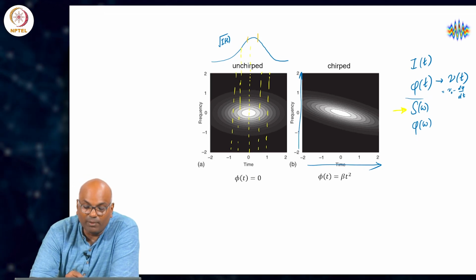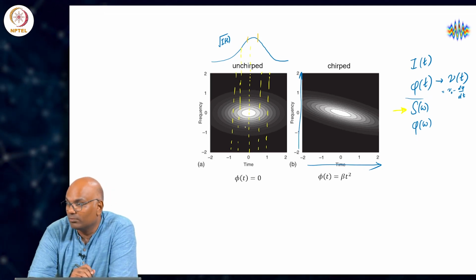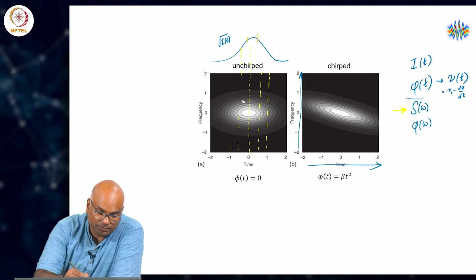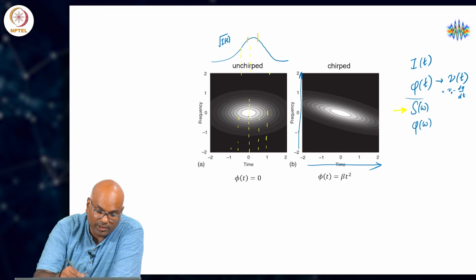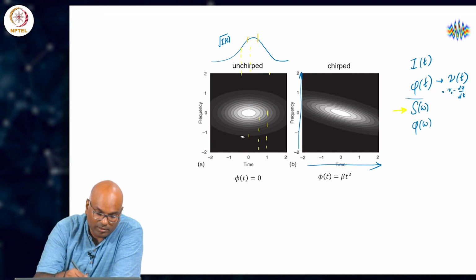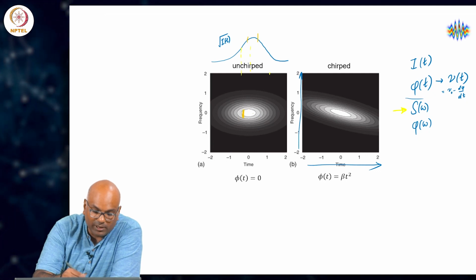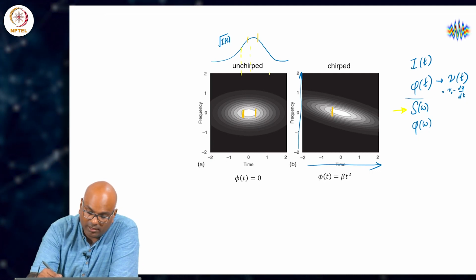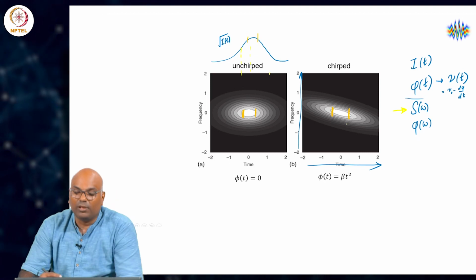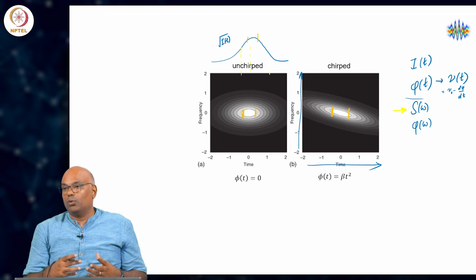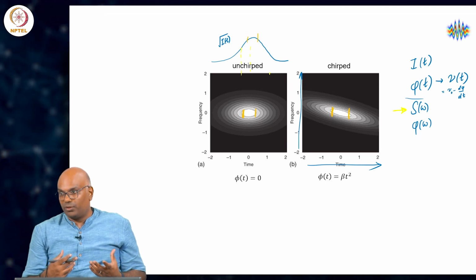So, if we measured only the spectrum of the pulse, we would not be able to really calibrate the pulse very well, because the central region alone does not look very different even on a Wigner distribution. It is just an elliptical patch.